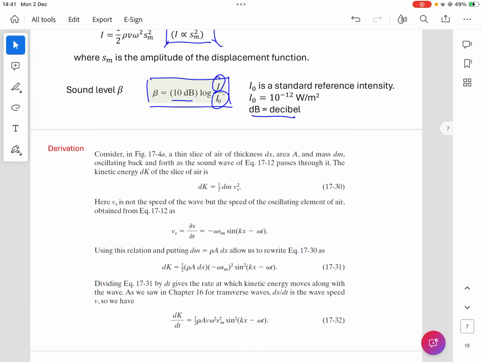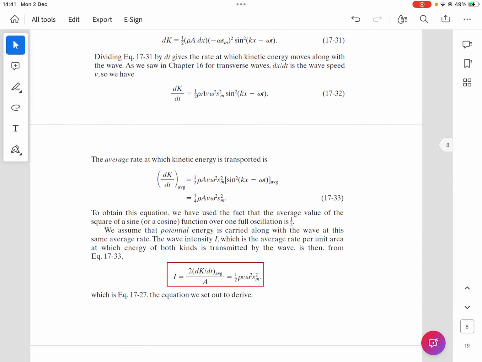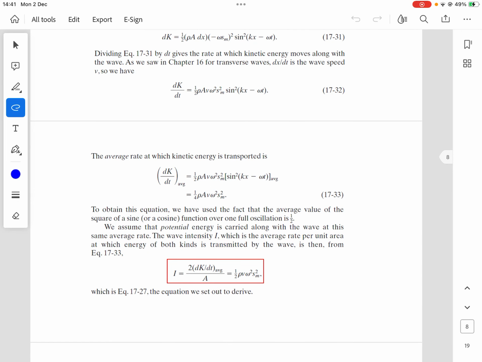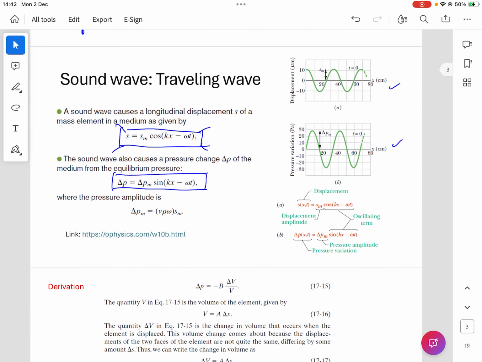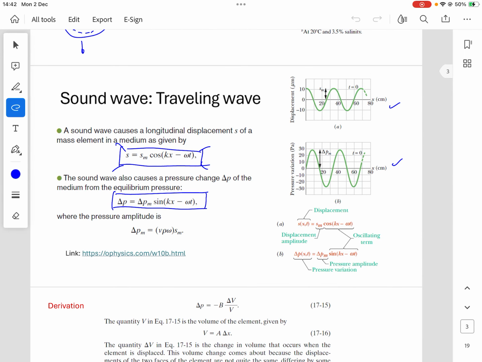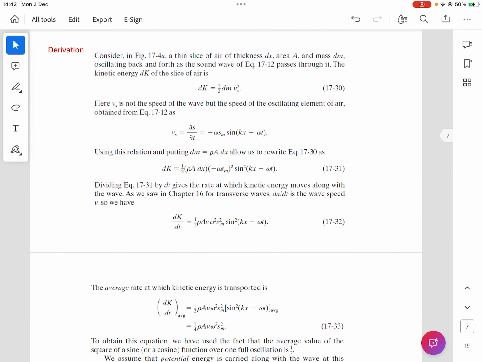Okay, and this shows how to relate the intensity with the amplitude squared, what we talked about in this slide when we talked about the wave function. But like I mentioned at the beginning, we're not going to talk about it in much detail.